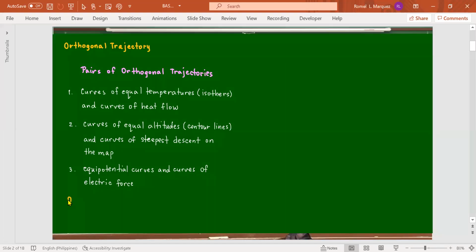The word orthogonal means perpendicular.